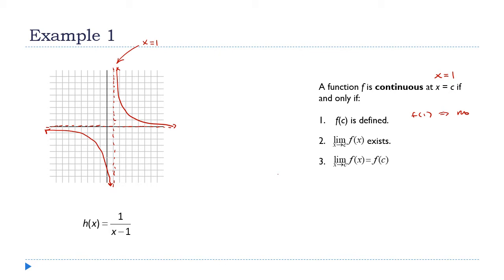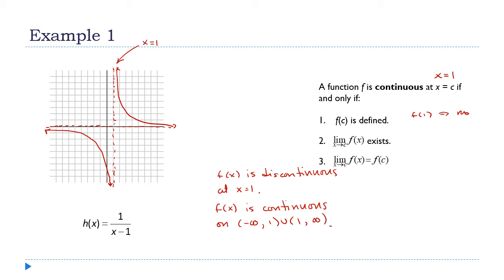So how would we say this? Well, I can put this one of two ways. I can say f of x is discontinuous at x equals 1, and if I had to give a reason, I would say because it isn't defined there. Or you can go the other way and say f of x is continuous everywhere else, so on negative infinity up to 1, union 1 up to plus infinity.